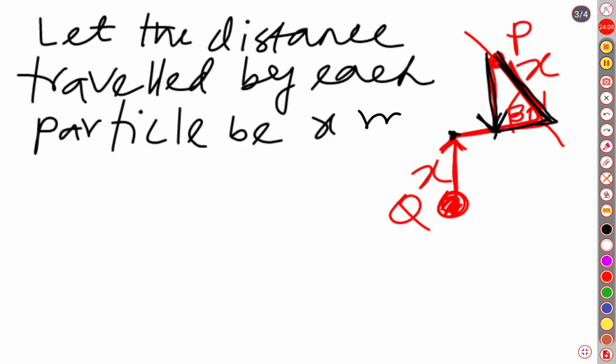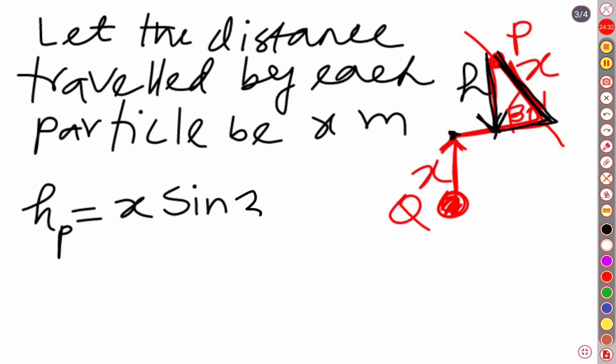For Q it is x already, because this is going vertically upward. Now for P we will have to find this height, so h_P, the height of P which has been traveled, is equal to x sin 30, because the angle was 30.